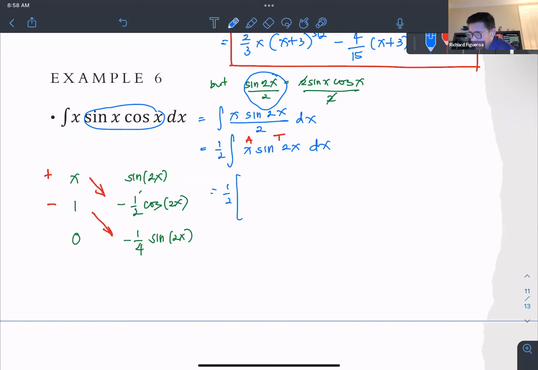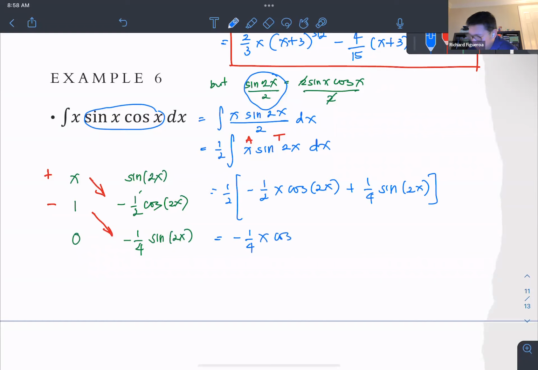Positive x times negative 1/2, I'll have negative 1/2 x cosine 2x. Then lastly, negative 1 times negative 1/4, positive 1/4 sine 2x. And then 1/2 times negative 1/2, negative 1/4, and x cosine 2x.